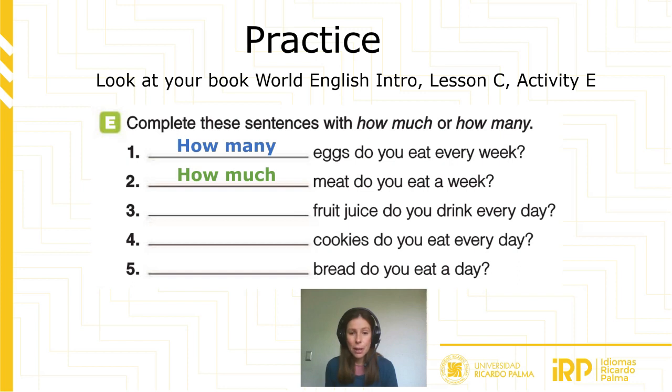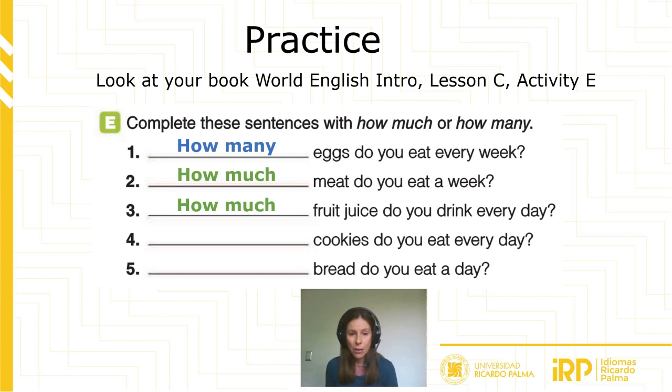What do you notice about the noun? Fruit juice. It's a liquid, a beverage. So we use how much. How much fruit juice do you drink every day? 1 glass, 1 liter. How much?